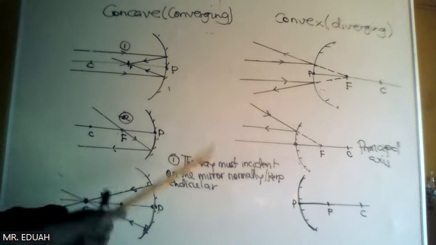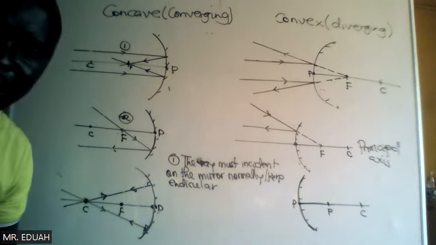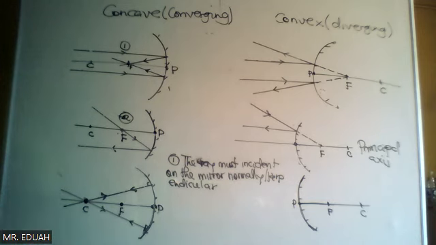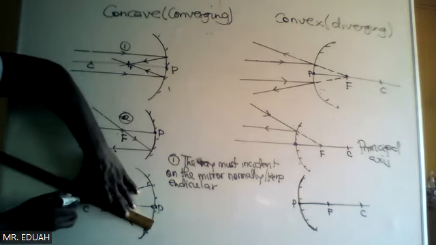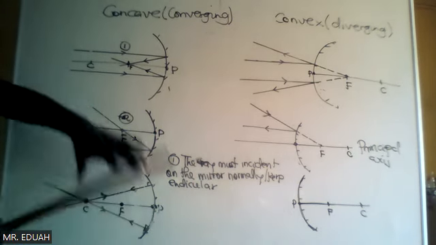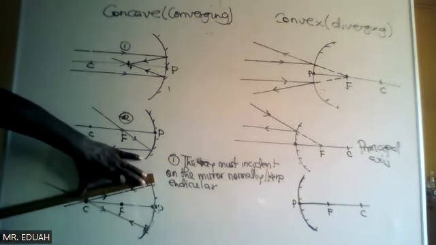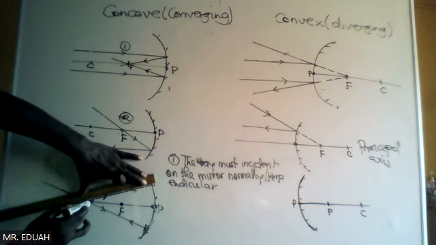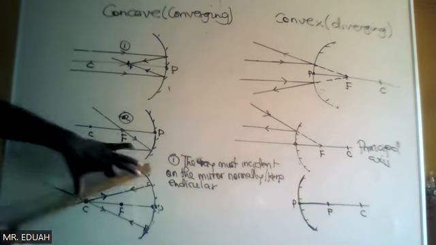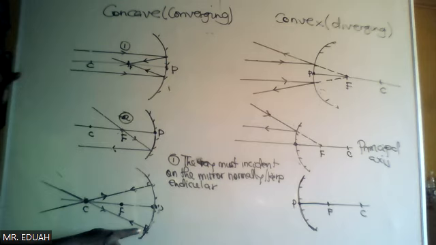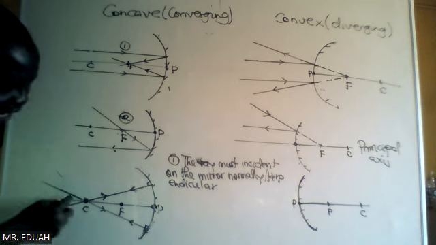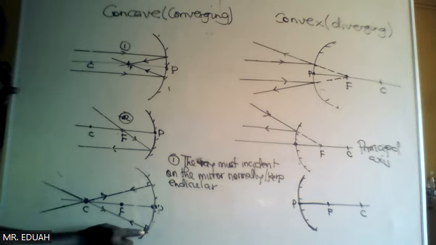If this condition prevails, it doesn't matter where the ray is coming from. If you look at the diagram, one of the rays is coming from up here above. The other one is coming from below. Just to show that it doesn't matter where the ray will be coming from. So long as it is incidenting on the mirror at 90, they will all reflect along the same path as they came.